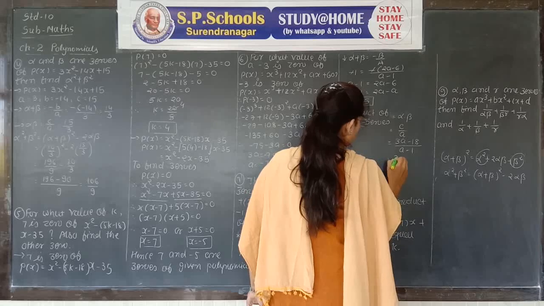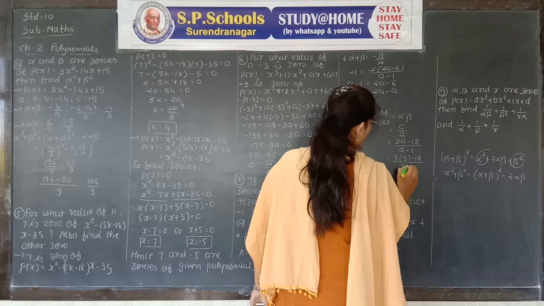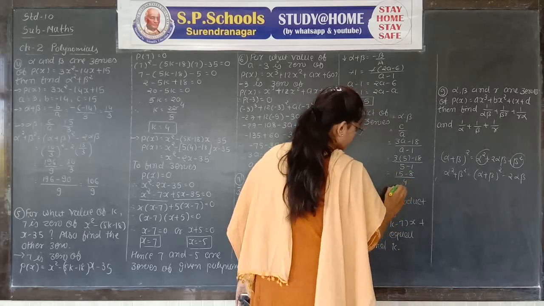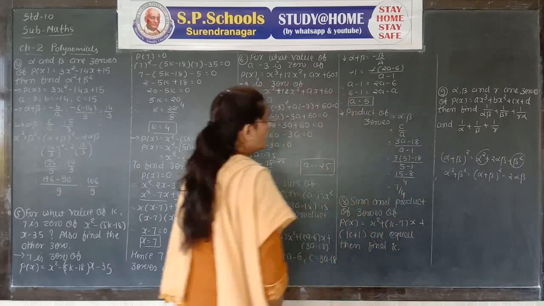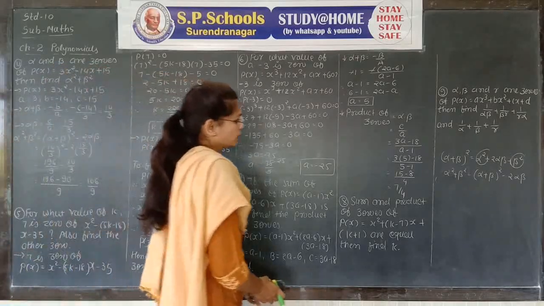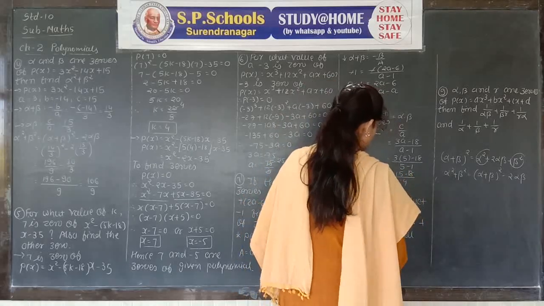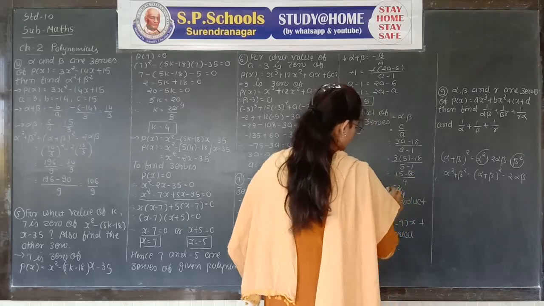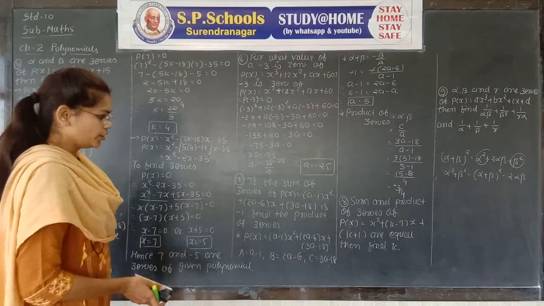Now we substitute the value a is 5: 3 times 5 minus 18 upon 5 minus 1. 5 threes are 15, minus 8, 7 upon 4. Hence, the product of zeros is minus 3 upon 4. Minus 3 upon 4 is the product of zeros for the required polynomial.